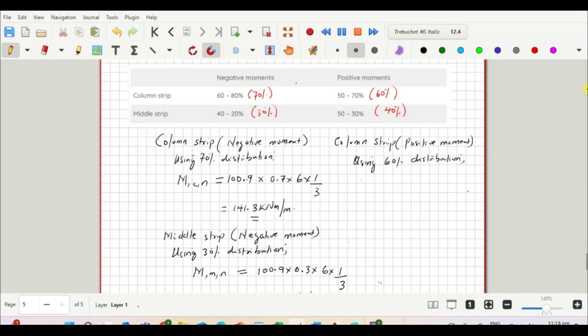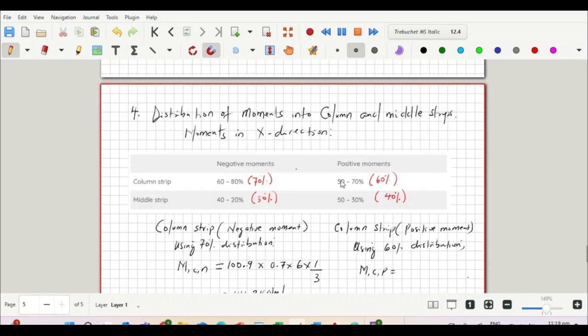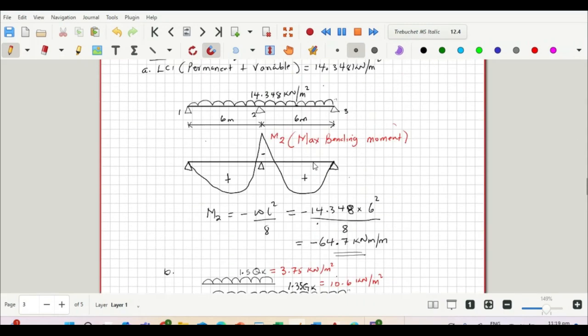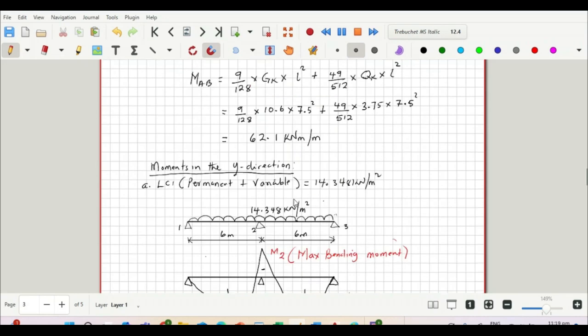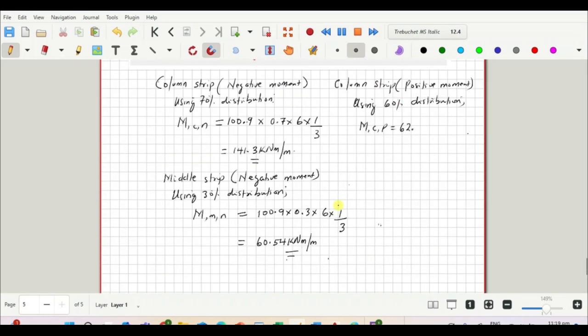So let's call that moment MCP, and from the previous formula, this time we are going to use the positive moment, the sagging moment we computed here: 62.1 multiplied by the percentage, which is 0.6, multiplied by the span, which is 6, multiplied by 1 on the width of the column strip, which is 3. If we work this out, we will have 74.52 kilonewton meter per meter.